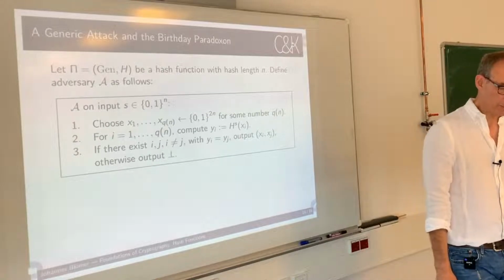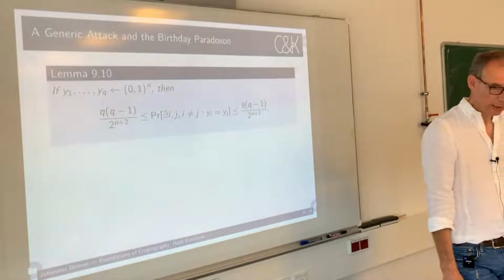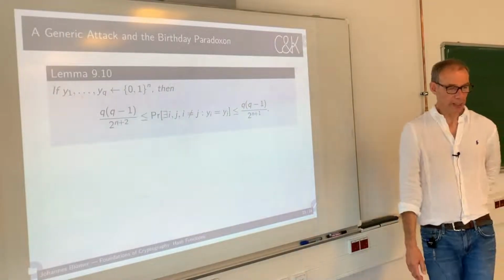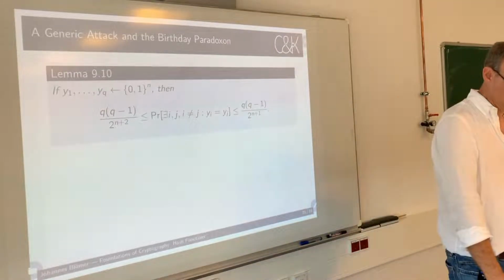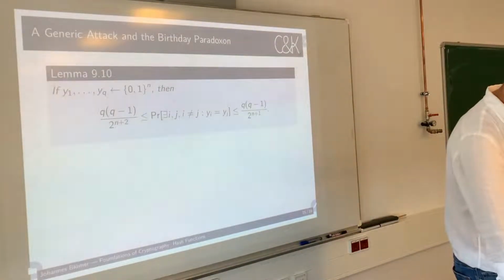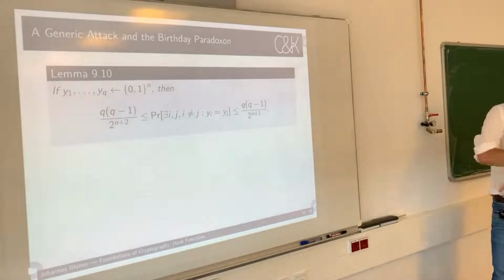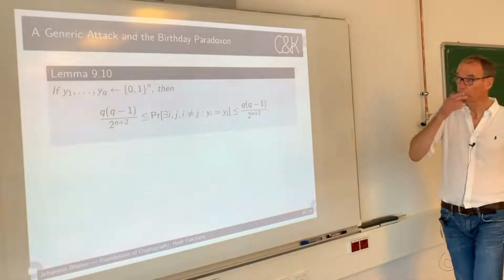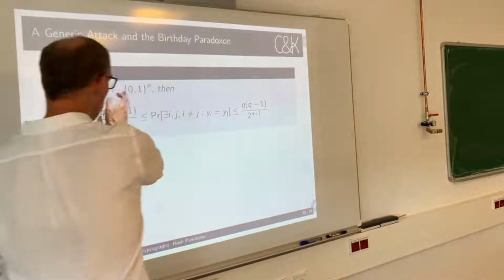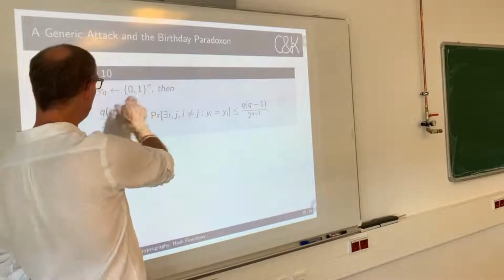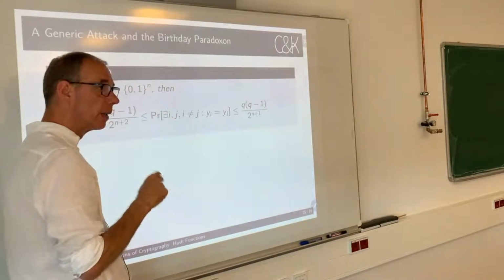And what we do, we simplify things a little bit. It turns out that it's not a simplification, but it's really very well justified. So let's look at the following situation. We pick y1 through yq, for some number q, elements uniformly at random from {0,1}^n.